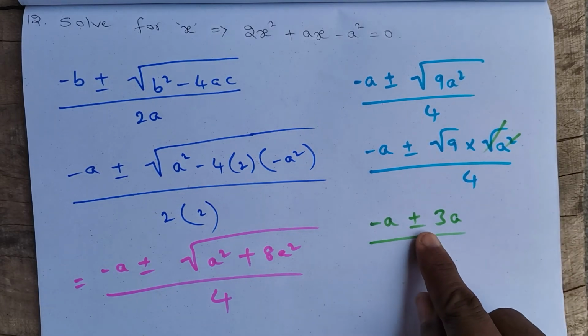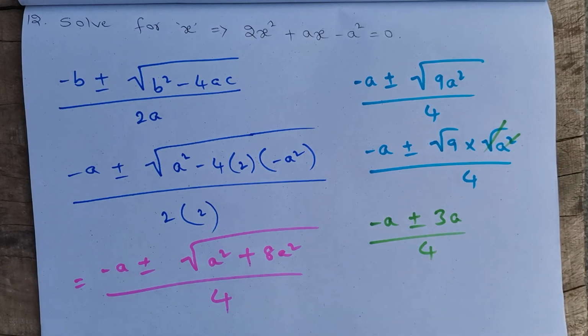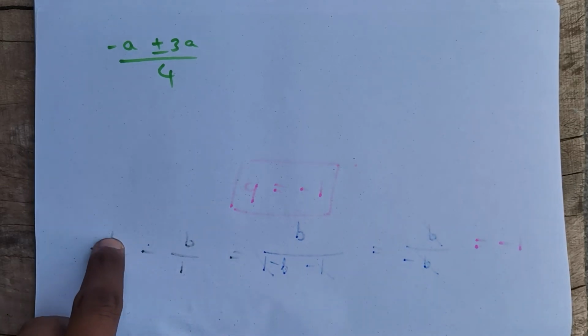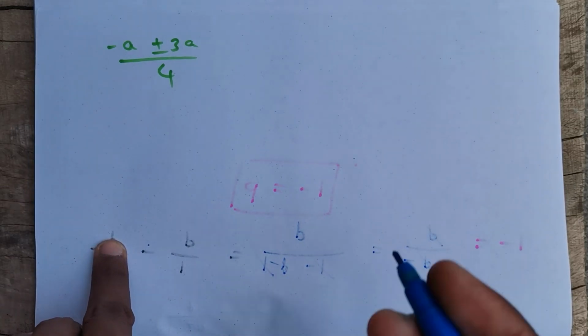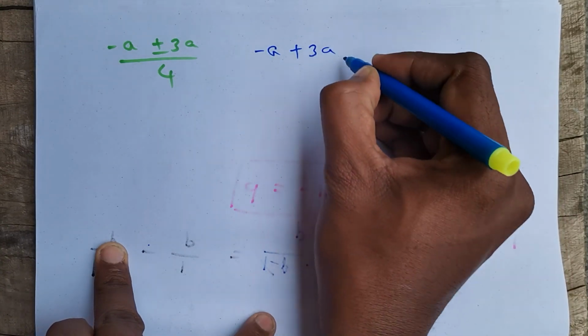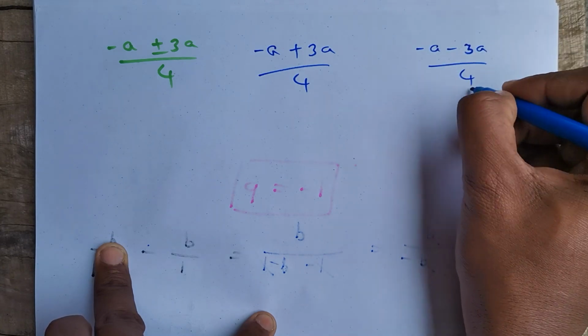So here minus a plus or minus is there. Once I will go with the plus, then once with the minus. We got the final step as minus a plus or minus 3a divided by 4. First I am going with the plus: minus a plus 3a divided by 4. Then minus a minus 3a divided by 4.